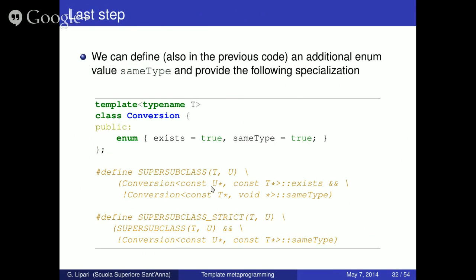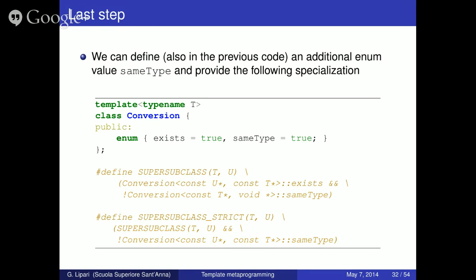So it checks if I can convert u star into a t star, and if t star is not the same as void star, then t is a superclass of u. And I can make it strict by checking if it is a subclass and if u star is different from t star.